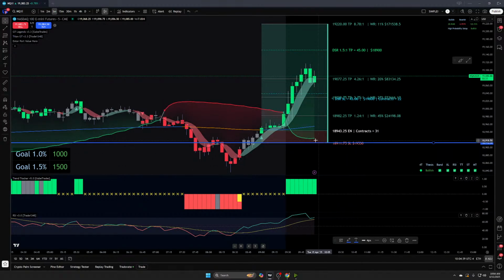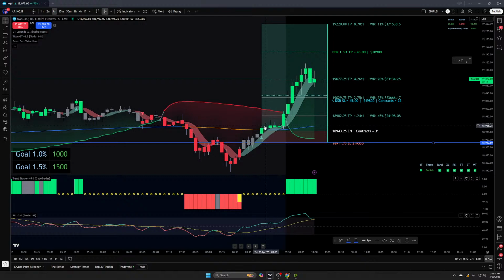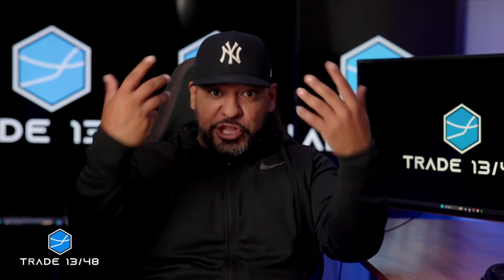Look at it objectively for what it is. Stop trying to over-engineer things. It's a wrap. What you see on this chart is what it is. It's never going to be what you think it is, guys, because when you assume, you make an ass of you and me.